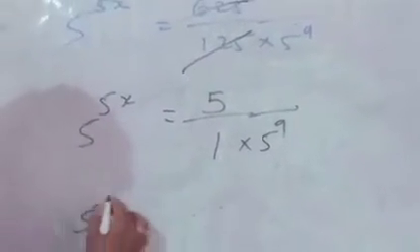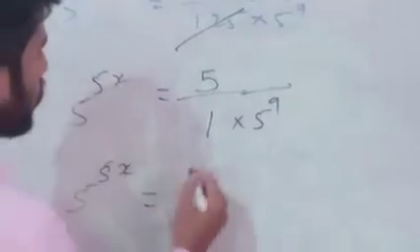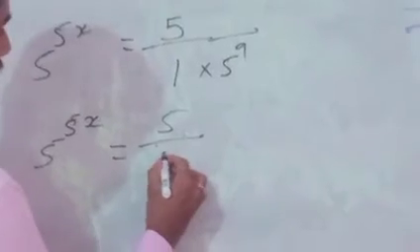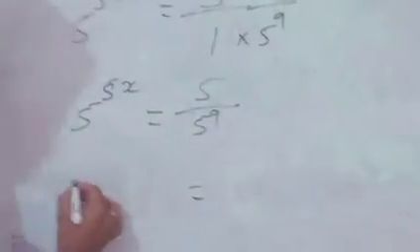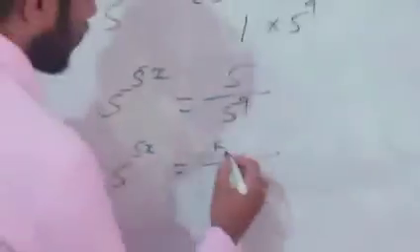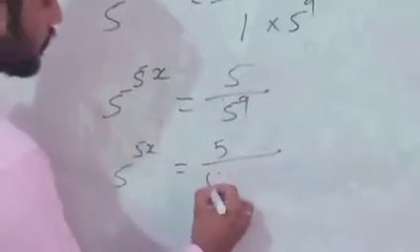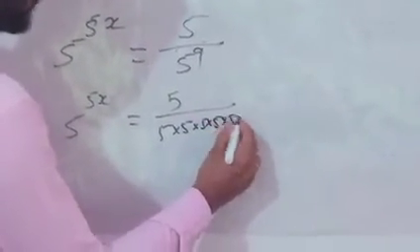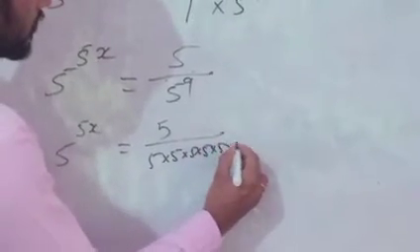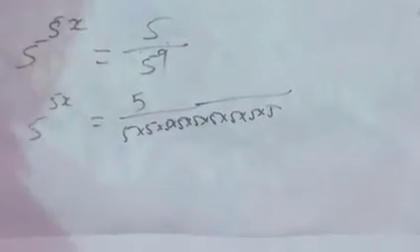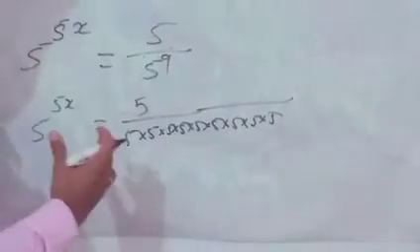Then next step, 5 raised to the power 5x is equal to 5 divided by 5 raised to the power 9. 5 raised to the power 9 means 5 into 5 into 5 into 5 into 5, 1, 2, 3, 4, 5, 6, 7, 8, 9. 5 we have to multiply 9 times. For understanding only I am taking this last step.